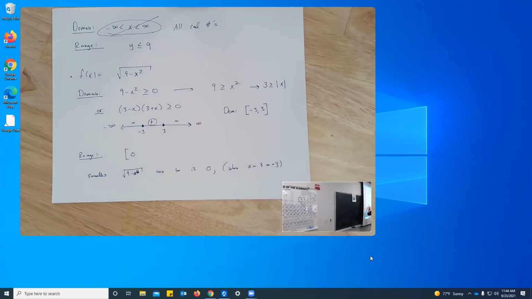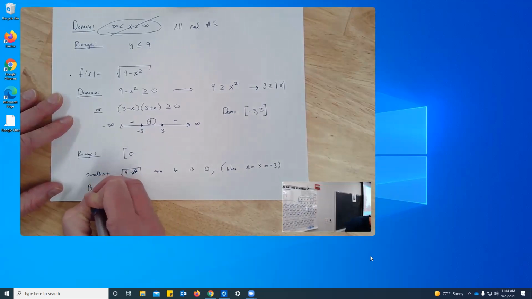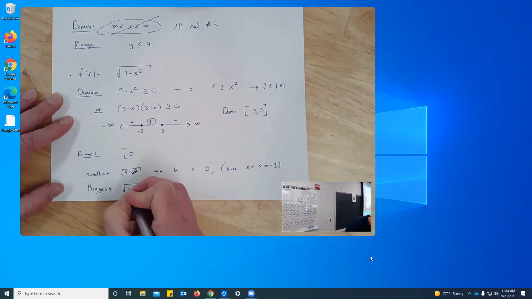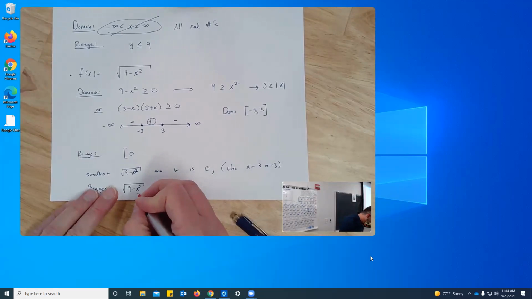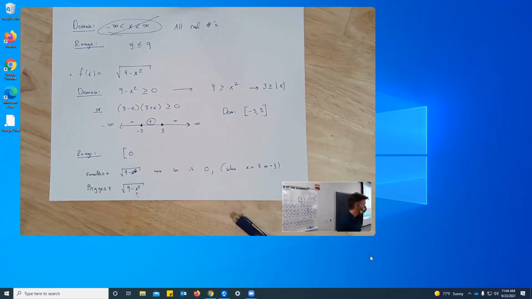That's going to make this whole thing the smallest, and now I'm trying to make it the biggest. To make it the biggest, I have to make the thing I'm subtracting right there the smallest. And the smallest x squared can ever be is 0.